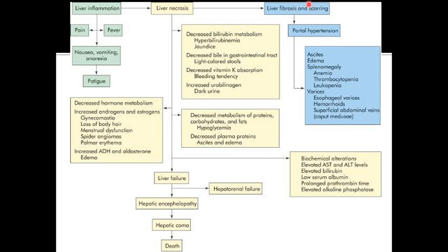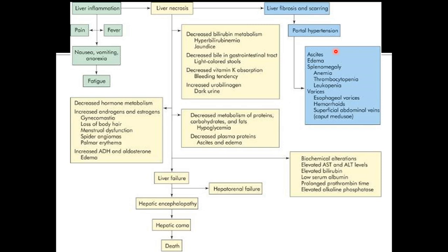So as the necrosis is persisting and the person may be transitioning into liver failure, fibrosis and scarring is also occurring as well. So liver necrosis, we've got hepatocellular death, and the necrotic liver tissue then gets replaced by fibrotic tissue and scar tissue. And that can lead to portal hypertension because the liver will get more rigid the more that it's fibrotic and the more that it's scarred.